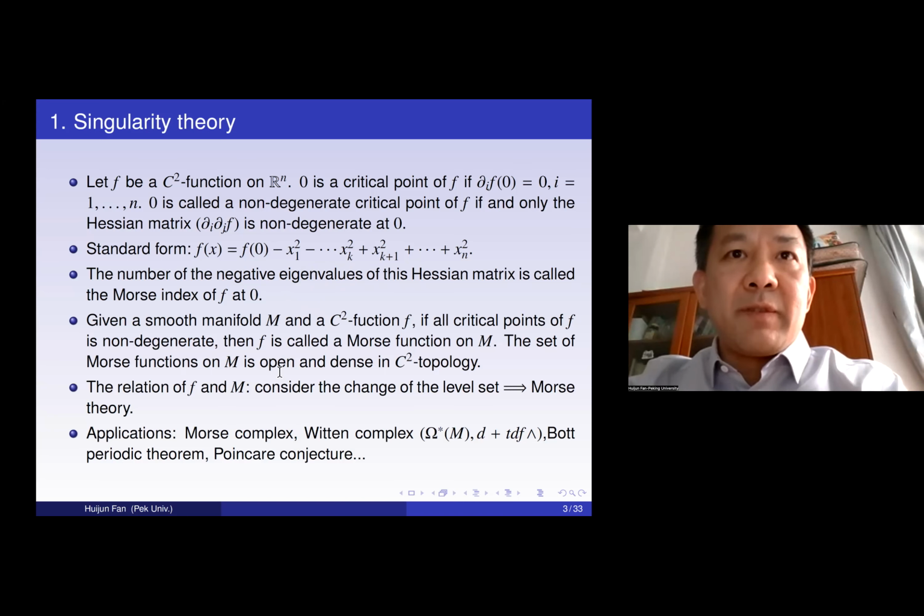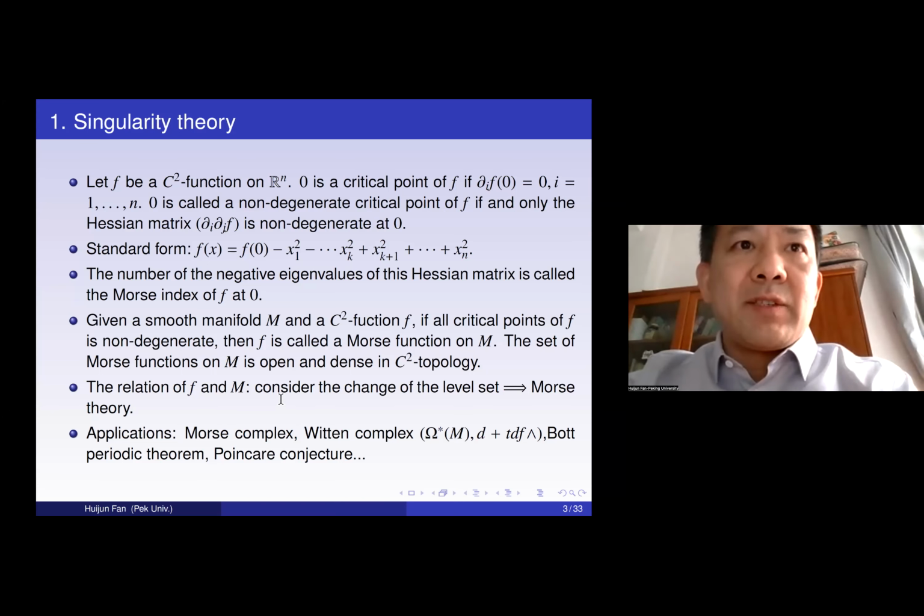Given a smooth manifold M and a C2 function f, if all critical points of f are non-degenerate, then f is called a Morse function on M. The set of Morse functions on M is open and dense in the C2 topology.